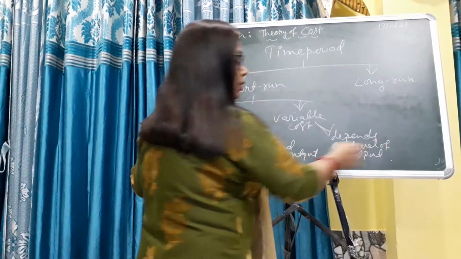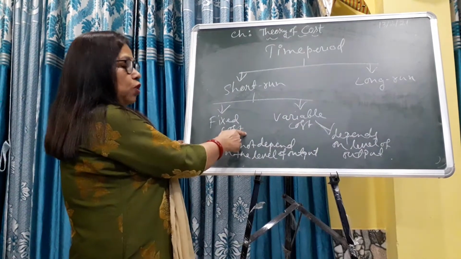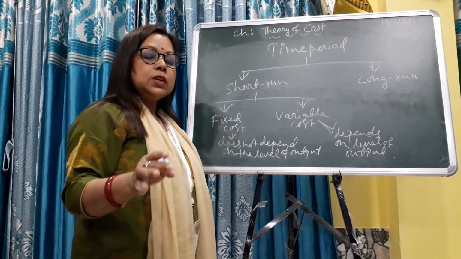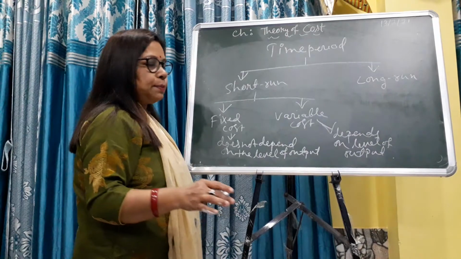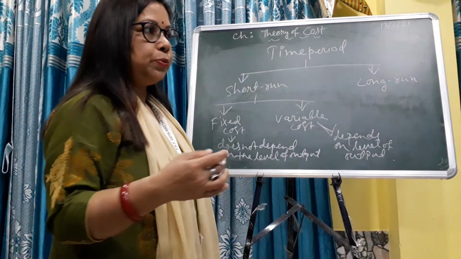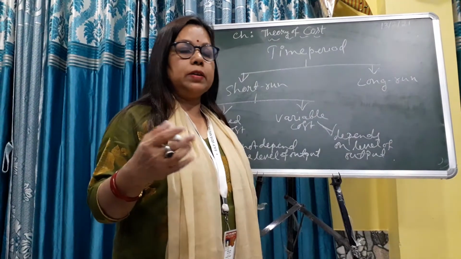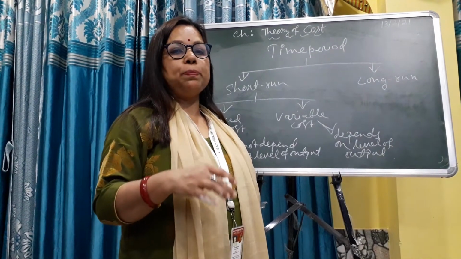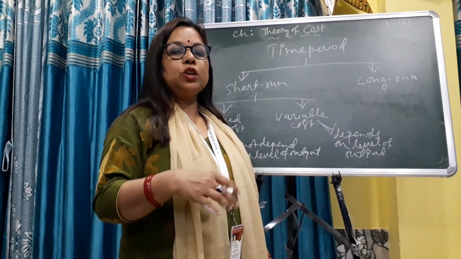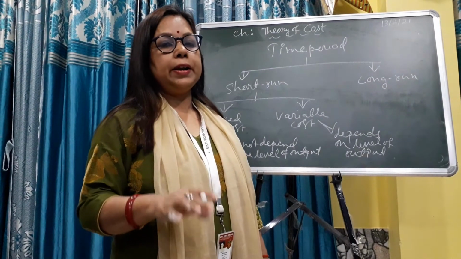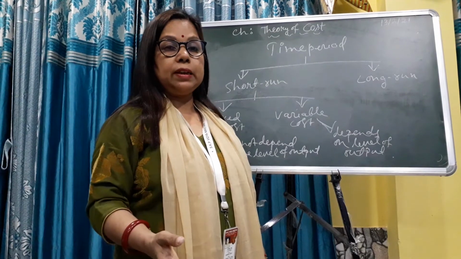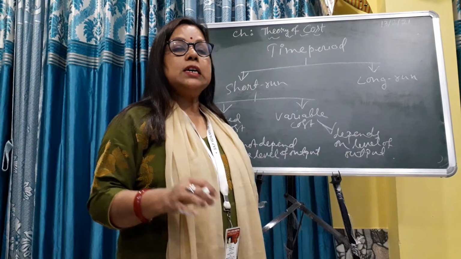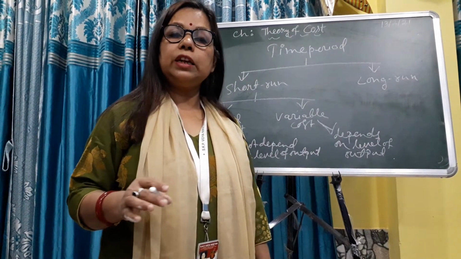Very important point. If the level of output is 0, you still have to pay the fixed cost. For example, when we take a house for rent, after 1 month we have to pay the rent, but we cannot produce anything. Output is 0, but we have to pay the rent. So this rent is known as the fixed cost.